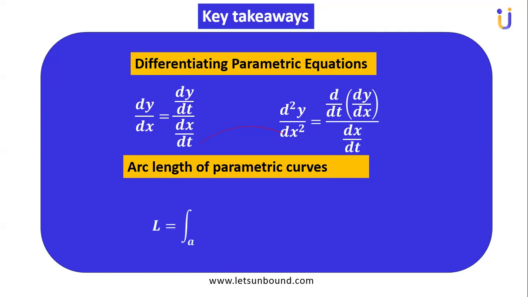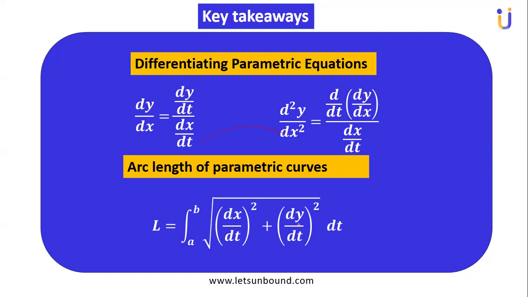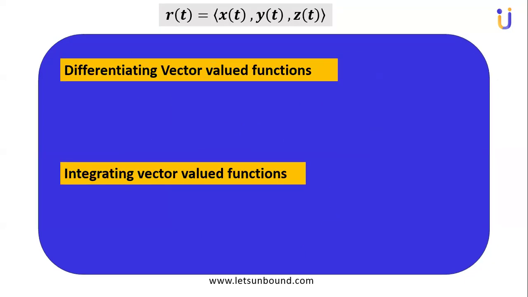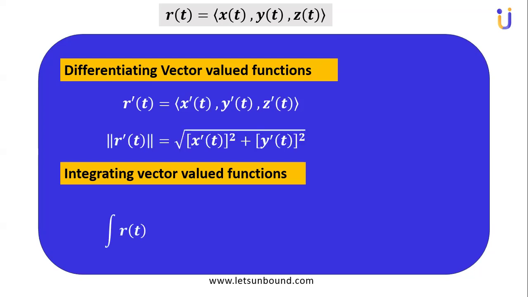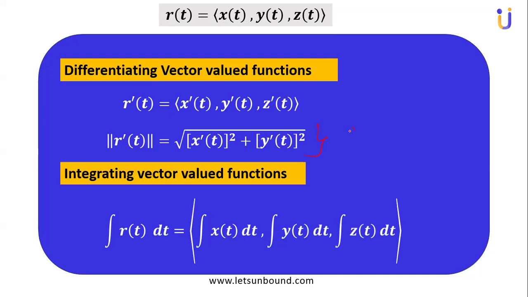Arc length of parametric curves from a to b is the integral of the square root of dx by dt whole square plus dy by dt whole square. Then for vector valued functions, just differentiate and integrate the individual components, nothing different. We apply this to motion related problems, and the norm of r dash of t will give you the speed.